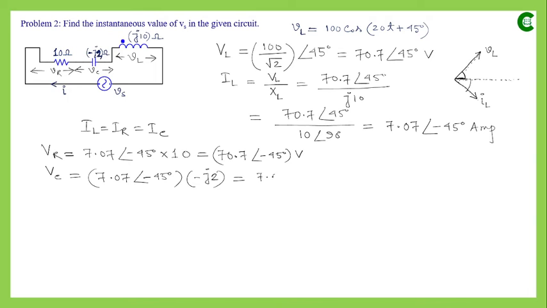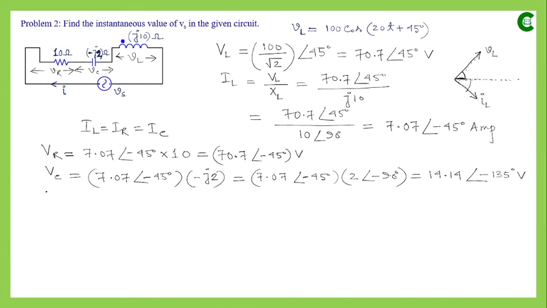If we do that, it will be 7.07 at minus 45 degrees, and for the reactance part it will be 2 value wise, and because of this minus j it will be minus 90 degrees. After simplification it will be 7.07 multiplied by 2, which is 14.14, and angle wise these two angles will be added. Both the angles are negative, so it will finally be minus 135 degrees, in volts.